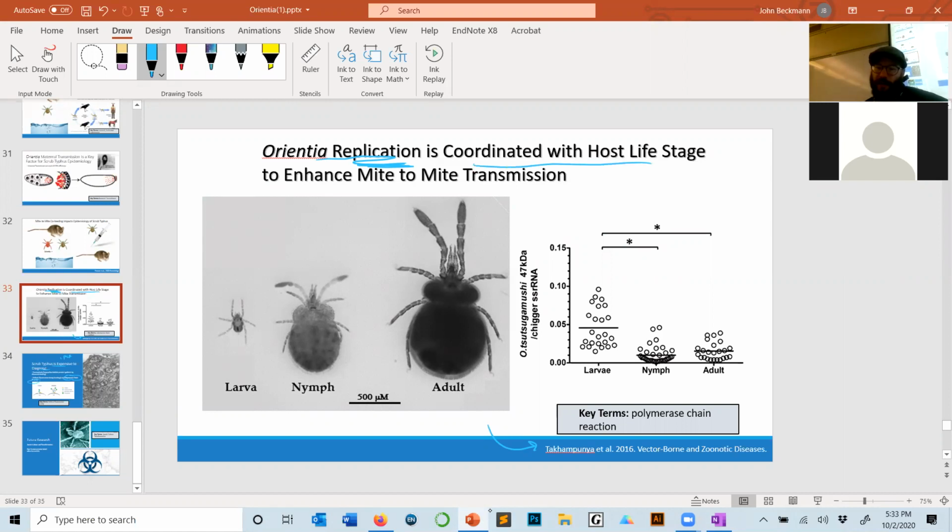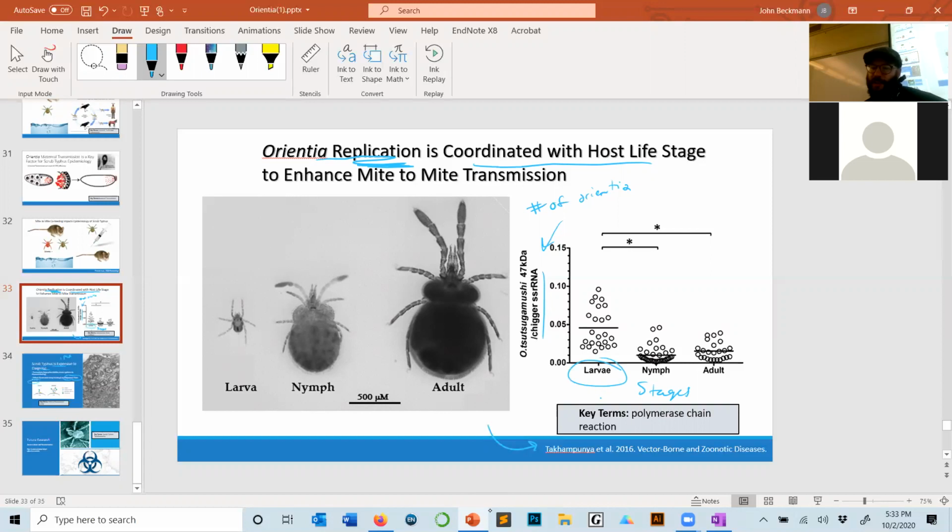So in the larvae, here's the number of Orientia. This is the number of Orientia on the y-axis, and the x-axis is different stages. Which stage has the higher numbers of Orientia? The larvae.